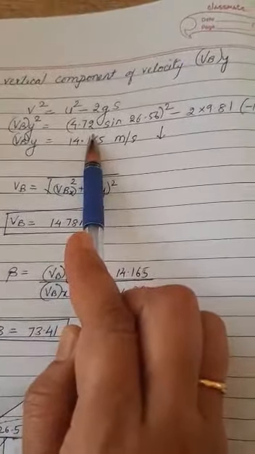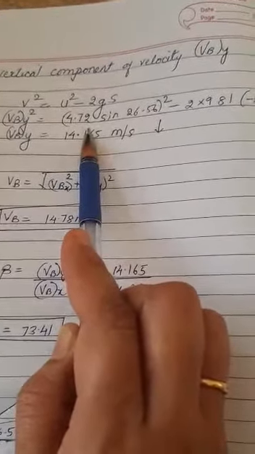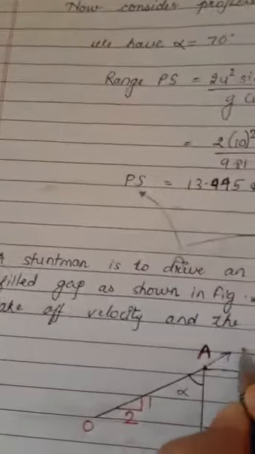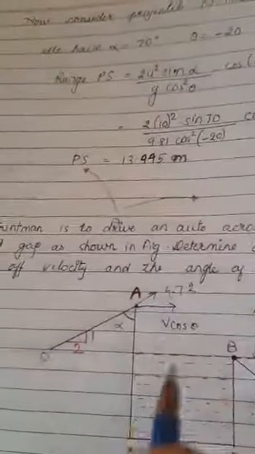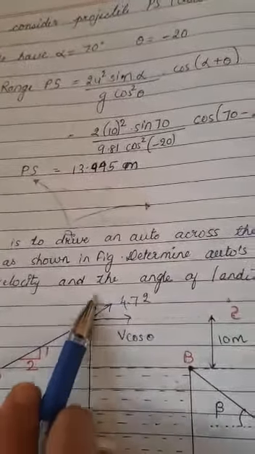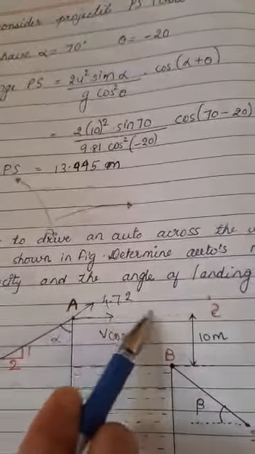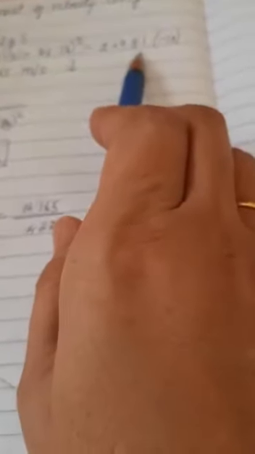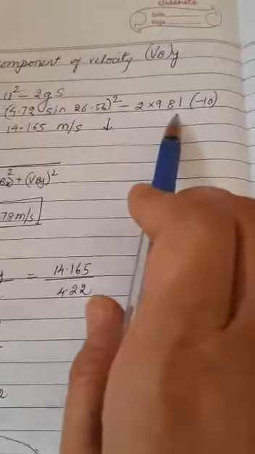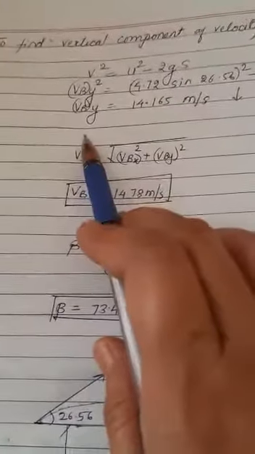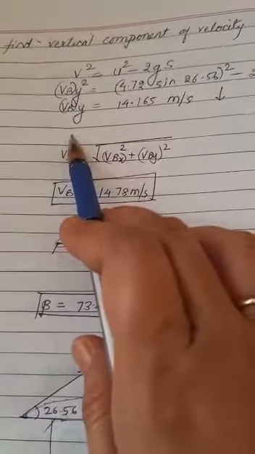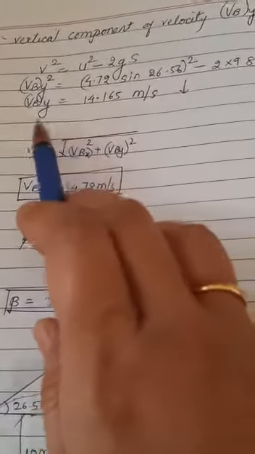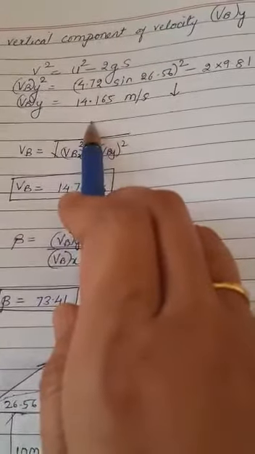The initial velocity along the vertical direction is 4.72 sine alpha. So put the value of the initial velocity here, then put the value of s, that is minus 10. You will get the vertical velocity at point B. So here you are getting VBY equals 14.165 meter per second.